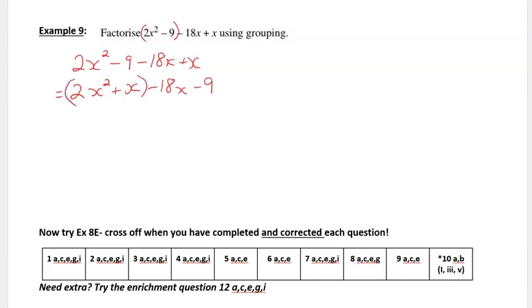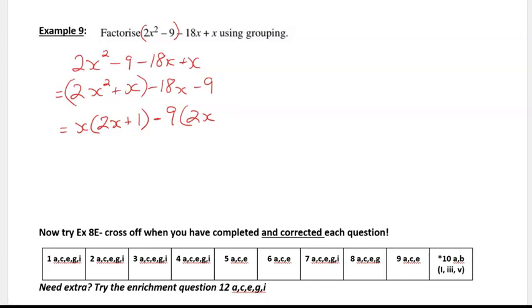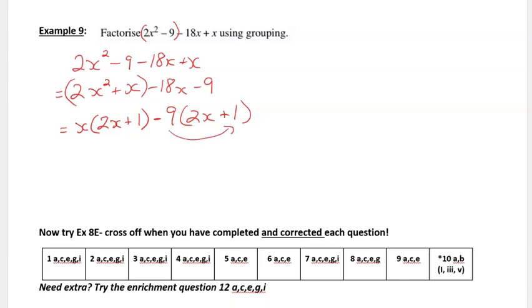So with this first grouping, I cannot take out two x's, but I can take out one of the x's. So if I take that out, I get 2x plus 1, because x times 1 would be x. And then if I have negative 18x minus 9, if I take out negative 9, that leaves me with positive 2x plus 1, because negative 9 times 2x would be negative 18x, and negative 9 times 1 is negative 9.